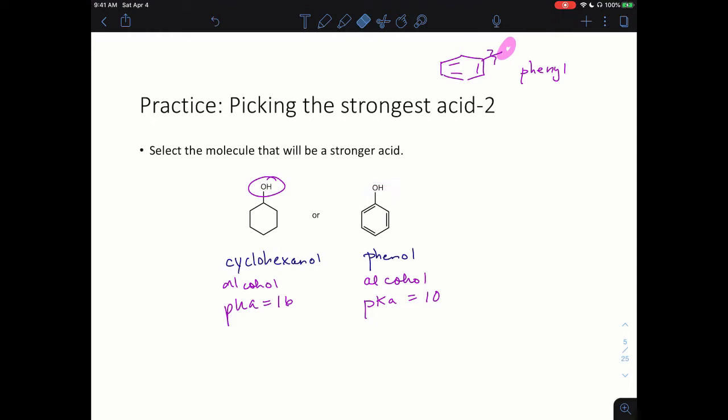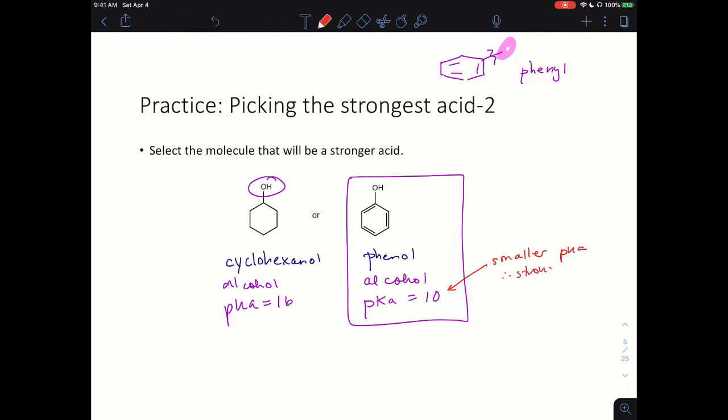So if you remember that, then you say, okay, phenol, smaller pKa, more acidic molecule. But if you don't remember that, then perhaps you can figure it out if you know what structural features affect acidity. So in other words, I'm asking you why.